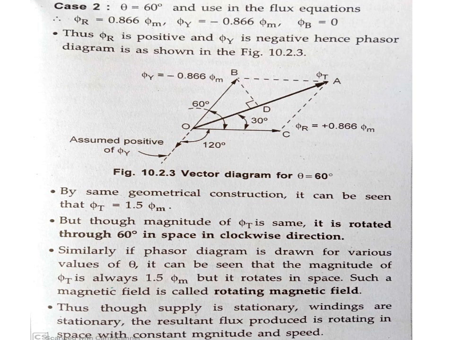So if you take the resultant magnetic effect of the three fluxes, the magnitude remains the same, equal to 1.5 times the maximum flux phi m, but it rotates with the angle theta equal to 0, 60, 120, 180, 360 degrees, in the clockwise direction, while the magnitude remains constant at 1.5 phi m. So that is about the rotating magnetic field, which is generated in the stator winding.